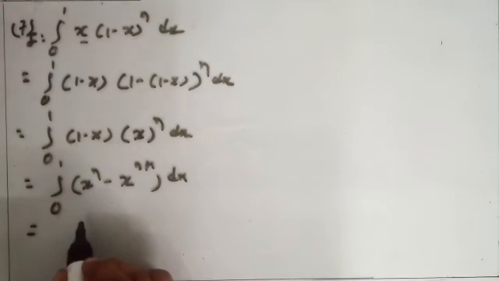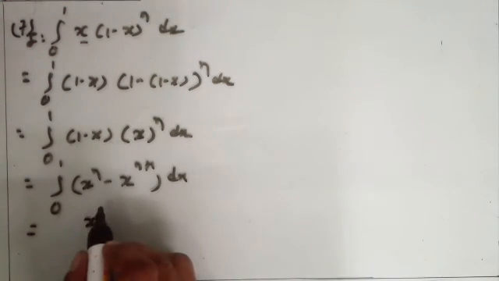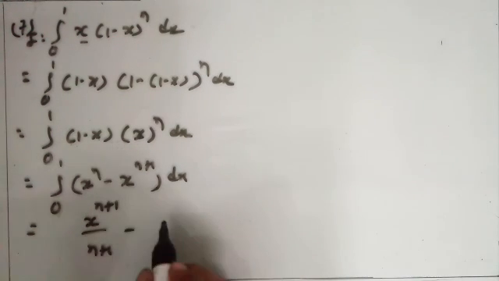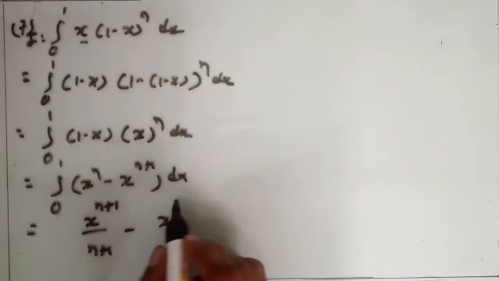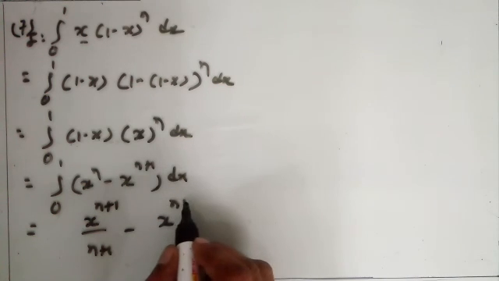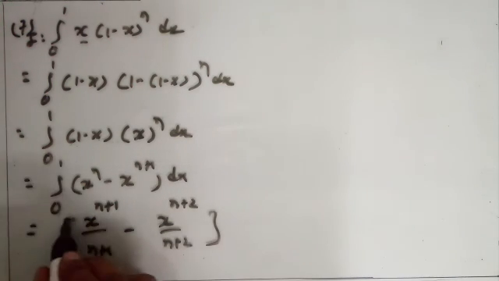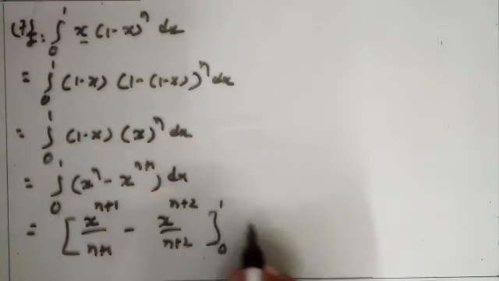Now get integration. Integration of x raised to n is x raised to n plus 1 upon n plus 1, minus integration of this is x raised to n plus 2 upon n plus 2, and the limit 0 to 1.